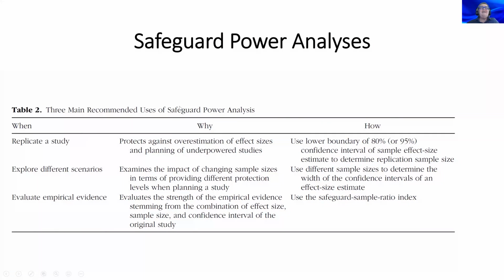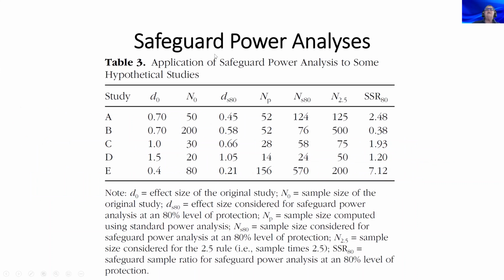So this might work. Sorry, folks. The safeguard power analyses. There are 3 recommended uses: replicating, exploring different scenarios, which might come into play, as well as evaluating empirical evidence. And so it goes on to indicate how to do this. Let me show you the next slide. This is from that article, and all of the articles are noted in the references.